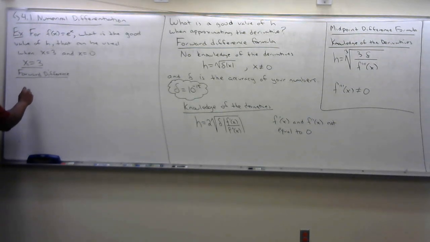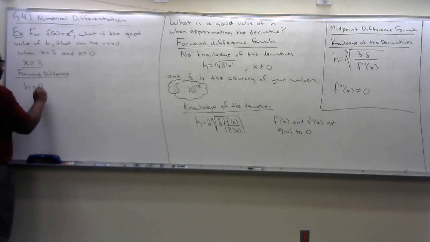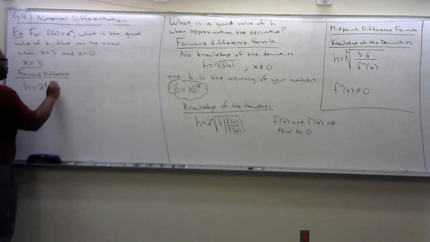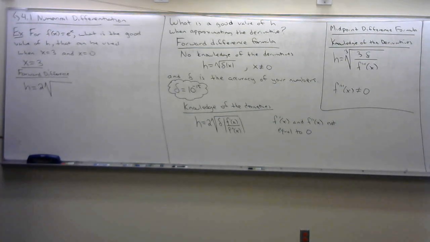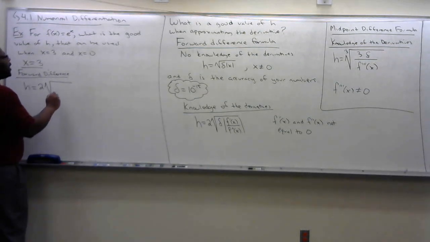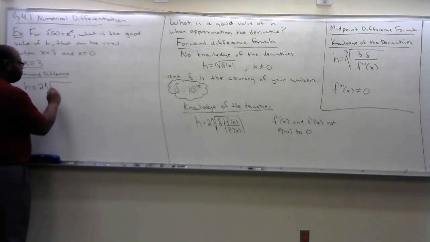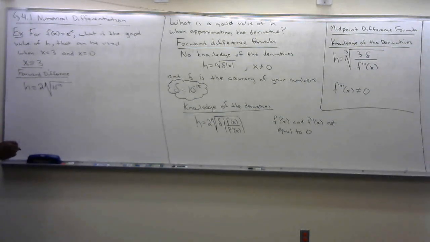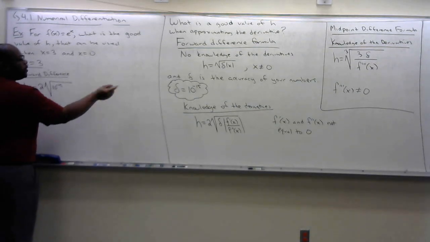At x equal to 3, we have h is equal to 2 times the square root of delta. My delta in this case is 10 to the negative 15, times f prime of x over f double prime of x.